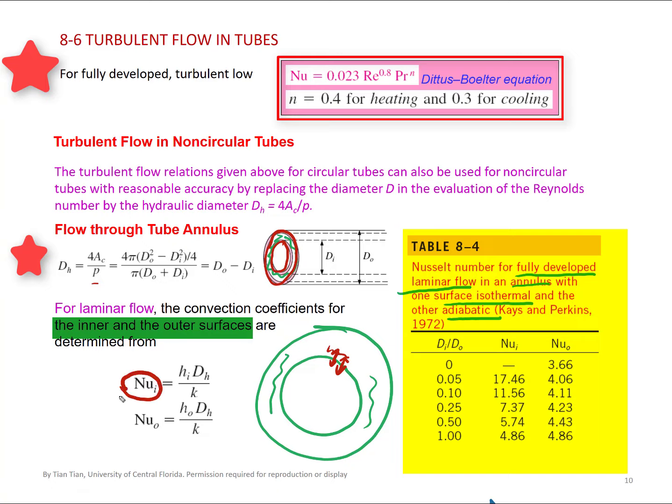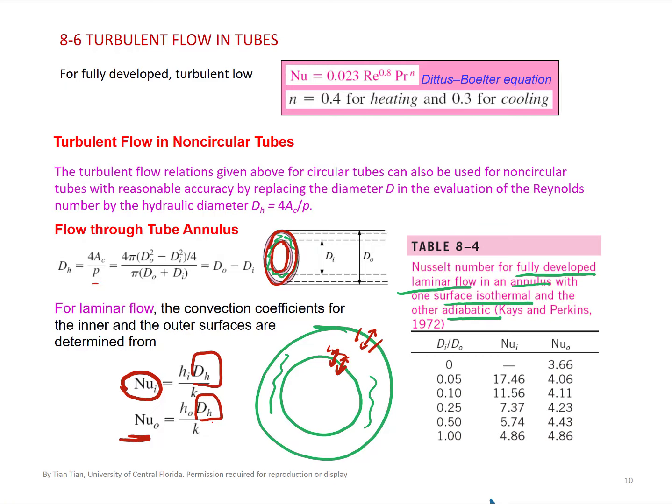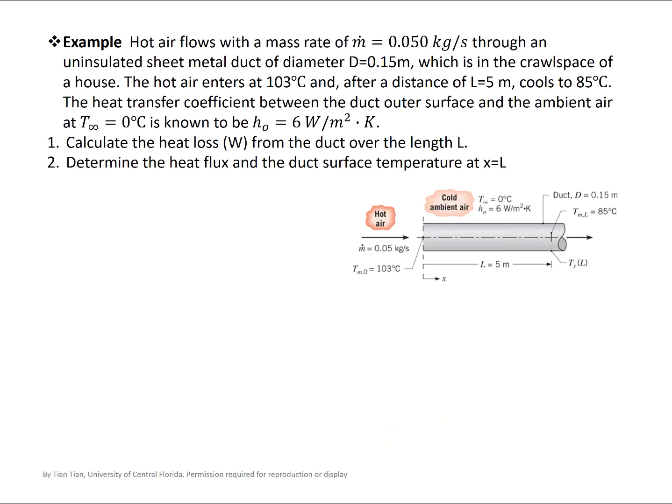If you're more concerned about heat transfer between the fluid and the outer surface, then you should use this Nusselt number. Note the D here is the hydraulic diameter for both Nusselt i and Nusselt o. Over the semesters, I noticed students often use Di for Nusselt i and Do for Nusselt o, which is not correct.